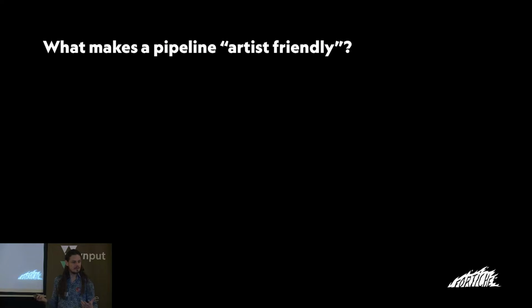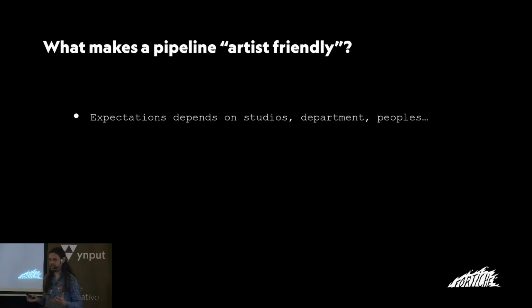The expectations of the artist will depend on studio departments and even on people within the same department. So you have to adapt everything for every part of the pipeline, and of course, there is no perfect solution.